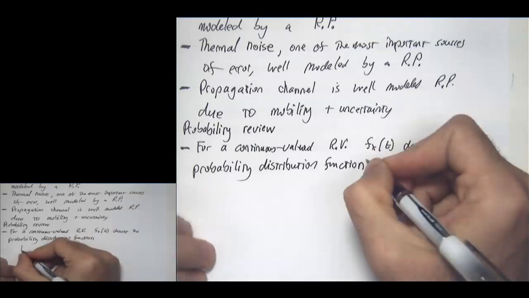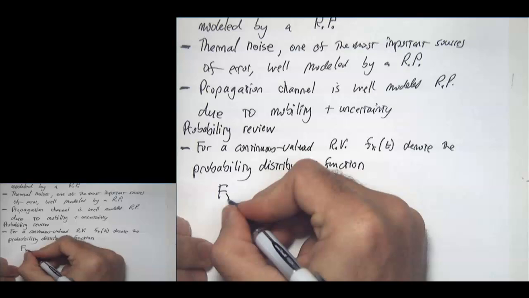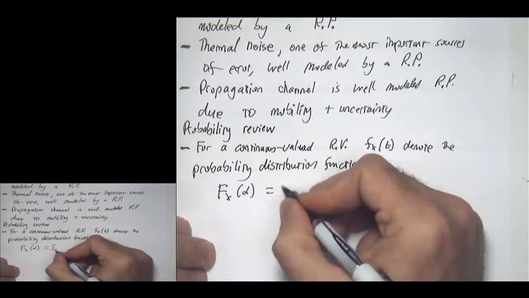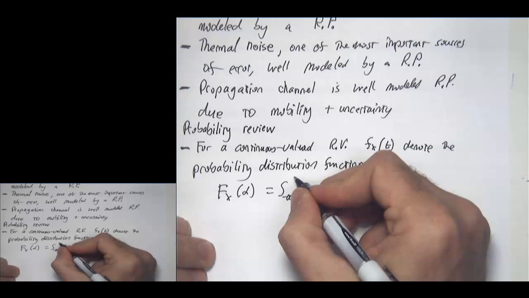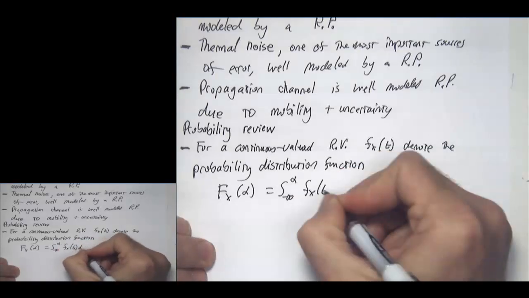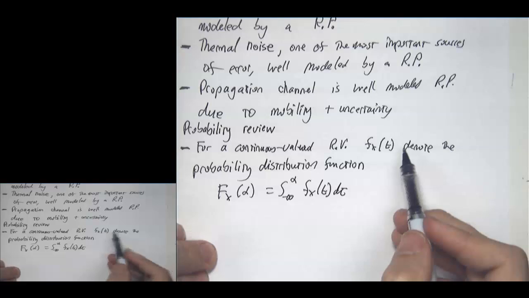And then I'm going to use the capital F x, let's say of alpha here, as the cumulative distribution function. And so this is the cumulative.